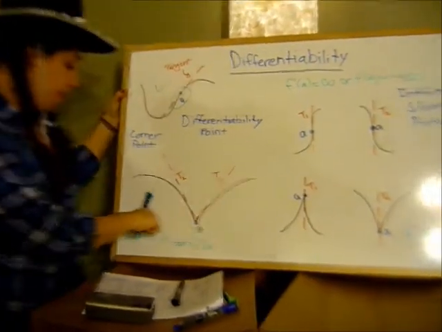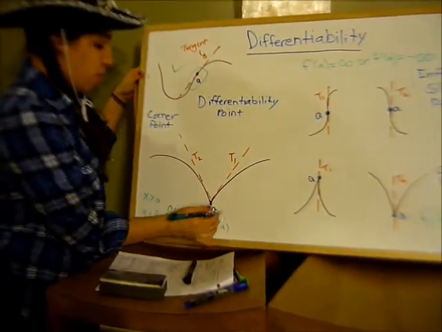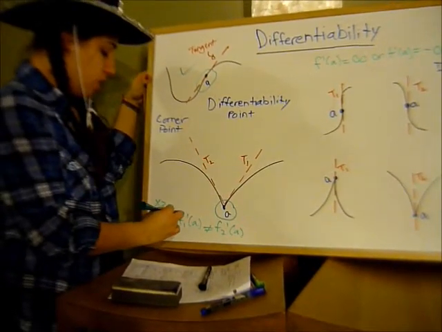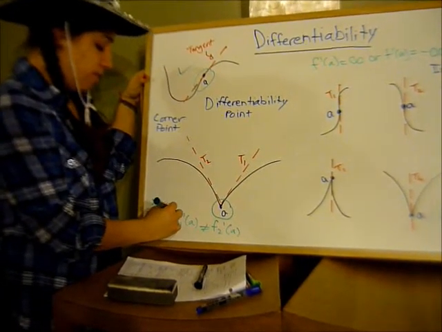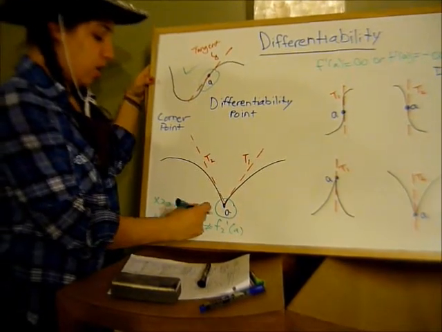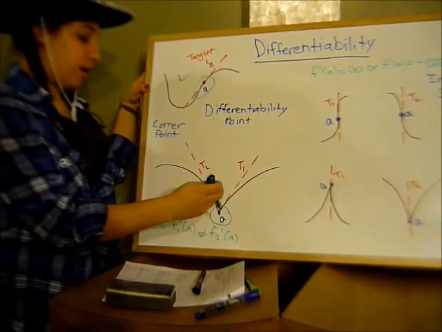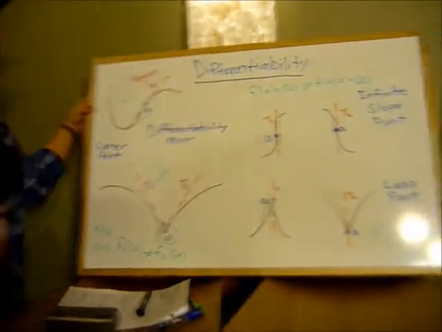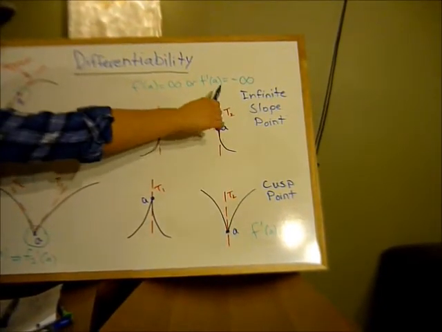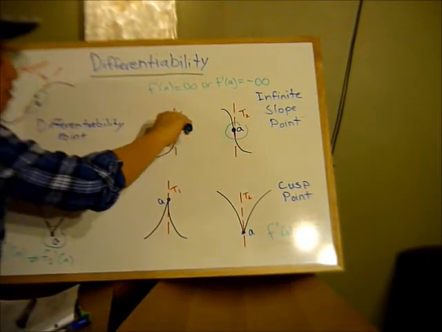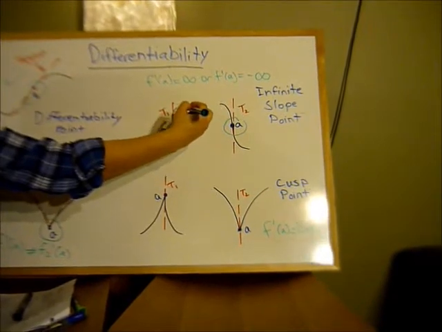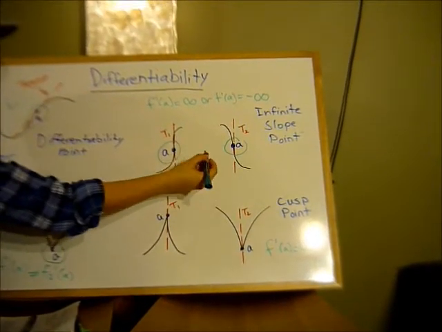Right here, we call this a corner point, where the two tangents meet at point A, and f1 prime(A) is not equal to f2 prime(A), which means that this function is not differentiable.